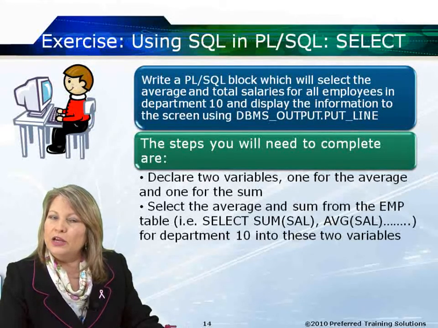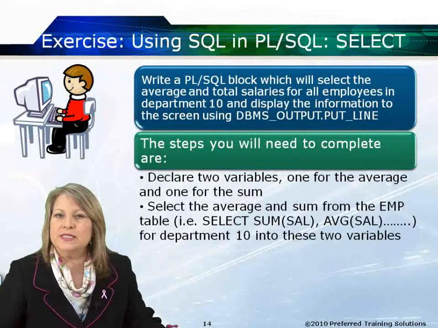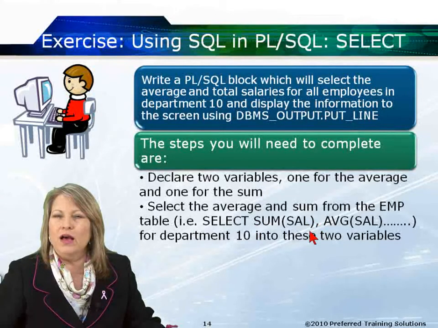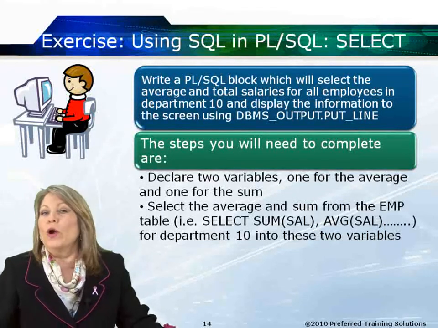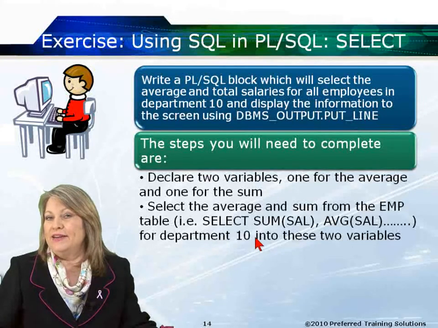In the body of your block, you're going to need a SELECT statement, and of course use the SQL functions SUM and AVG. So you'll select the sum of the sal, comma, the average sal from the employee table where the department number equals 10.